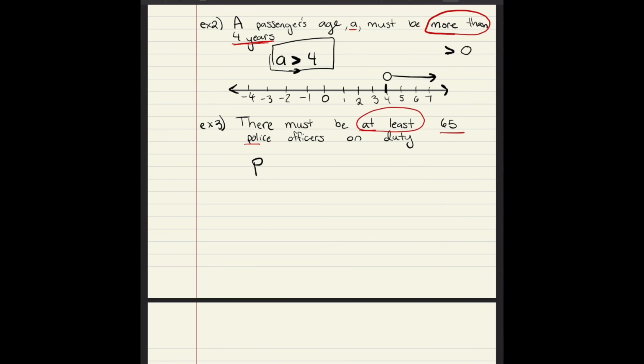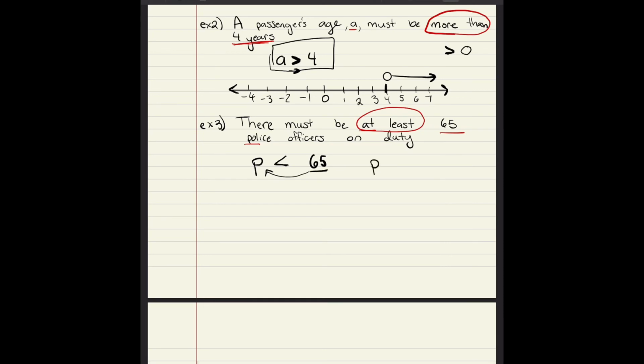So at least 65 needs to be there. So if 65 is written on this side, if I did it like this, I would be saying that the minimum amount of police officers would be less than 65. Because it's saying the maximum amount of police officers we could have is 65.